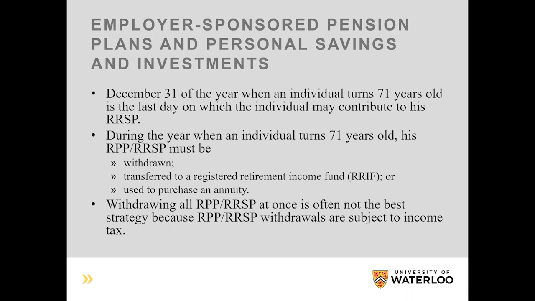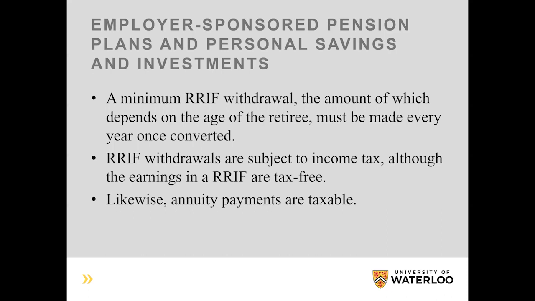Withdrawing all RPP or RRSP at once is often not the best strategy because these withdrawals are subject to income tax. However, a minimum RRIF withdrawal, the amount of which depends on the age of the retiree, must be made every year once converted. RRIF withdrawals are subject to income tax, although the earnings in a RRIF are tax-free. Likewise, annuity payments are also taxable.